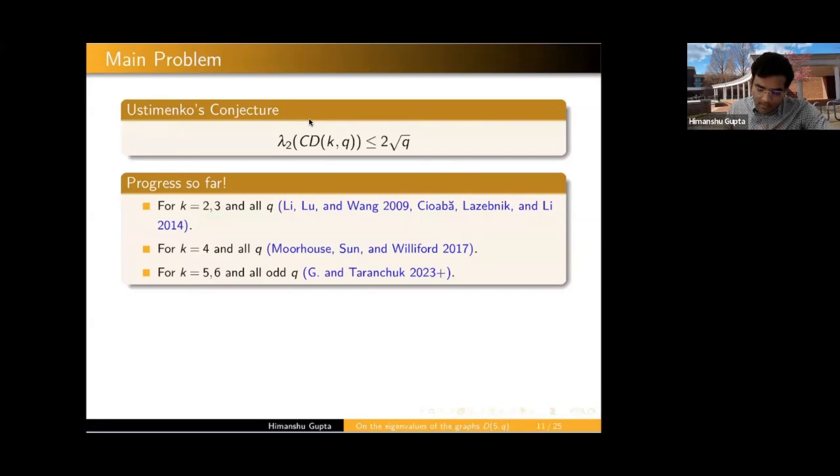In 2017, Moorhouse, Sun, and Williford proved it for k equal to 4 and all values of q. And I'm going to talk about the result which Taranchuk and I proved for k equal to 5, and that also implies k equal to 6, and all odd q, that is prime powers where the prime is odd.